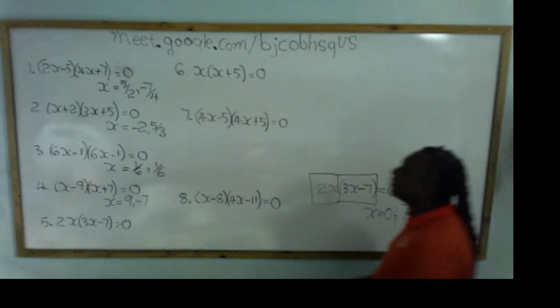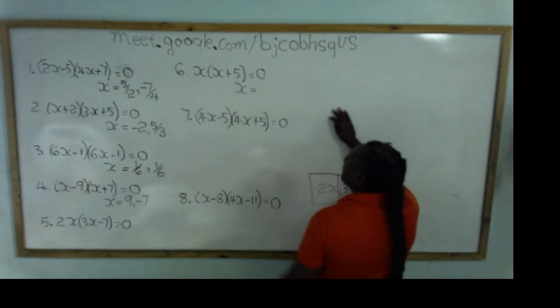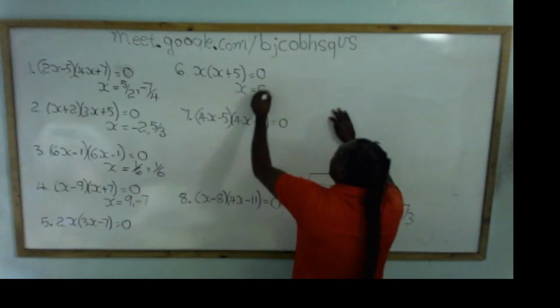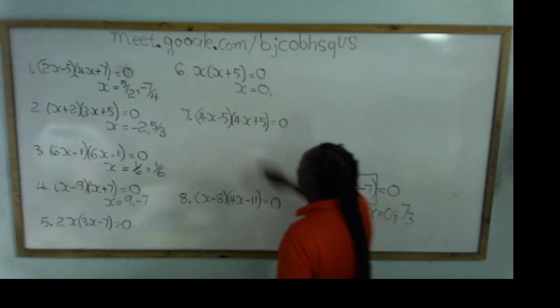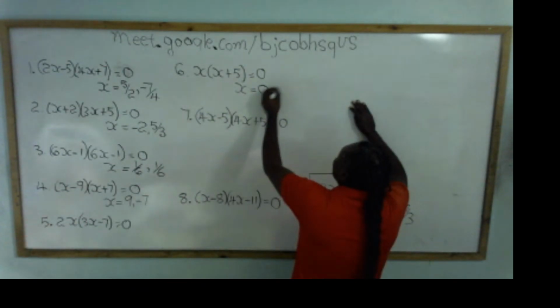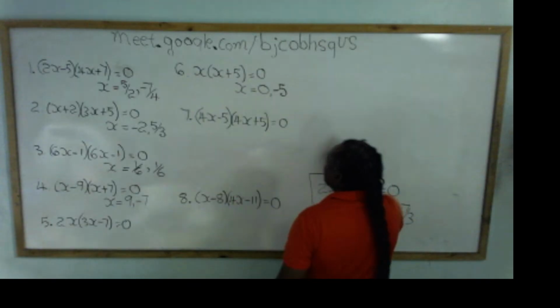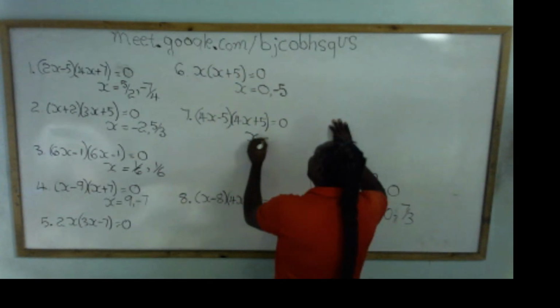And if we solve this one by analogy, then x is equal to 0 in this one also. And of course, you can see that we need to eliminate this positive 5 by subtracting 5. And in this particular case, what will happen?